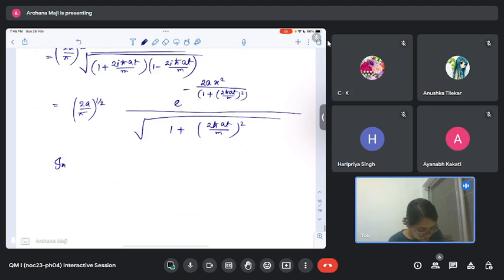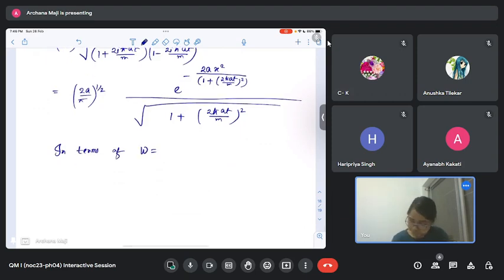And in terms of that omega, omega was a divided by (1 plus 2ħat/m) whole square.